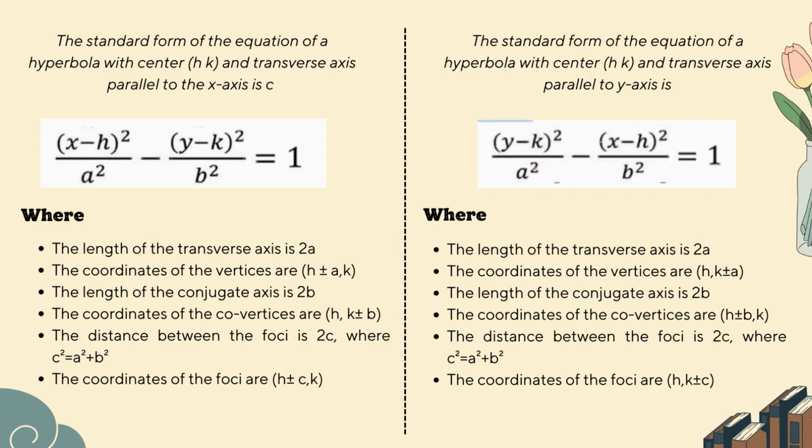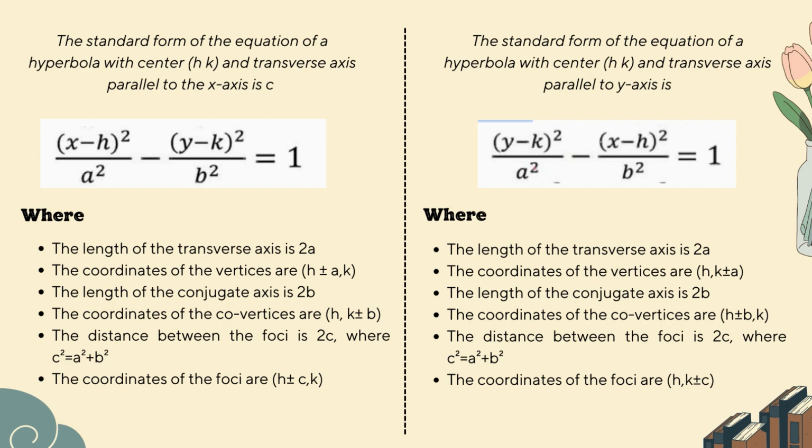The standard form of the equation of a hyperbola with center h, k and the transverse axis parallel to the x-axis, or when the transverse axis is horizontal, is the quantity of x minus h squared over a squared minus the quantity of y minus k squared over b squared equal to 1, wherein the length of the transverse axis is 2a, the coordinates of the vertices are h plus minus a, k, the length of the conjugate axis is 2b, the coordinates of the co-vertices are h, k plus minus b, the distance between the foci is 2c, where c squared is equal to a squared plus b squared, and the coordinates of the foci are h plus minus c, k.